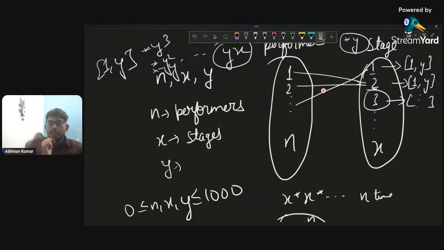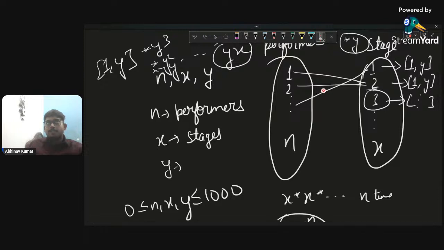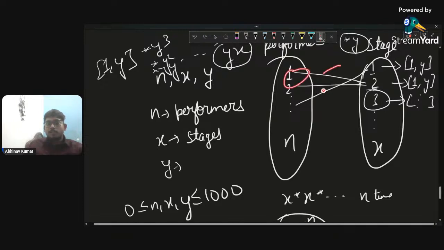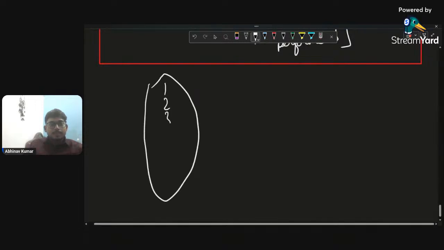Since they are distinct, we need to find some way to divide these n people into I different sets, and then we can assign those I sets to the I stages. So what I'm doing is, if I have n people, I'm dividing these n people into I different sets.